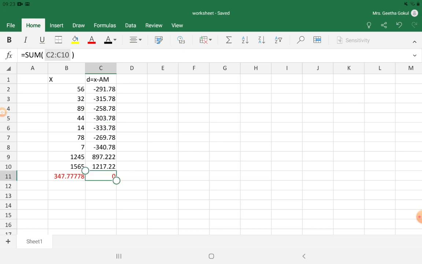And over here, I have taken the sum of all these deviations, from minus 291.78 to 1217.22. And as you can see, it is 0. So take an Excel sheet on your own and try any different values. You will always get the sum of the deviations equal to 0.